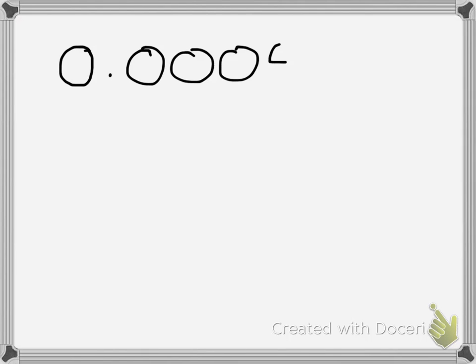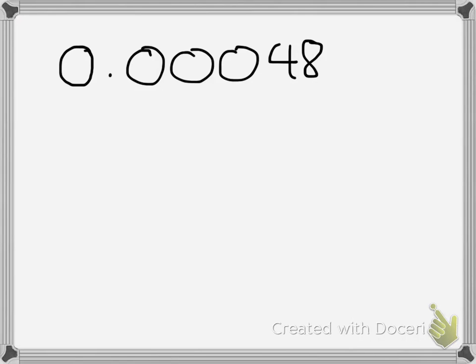Let's also try one that's the other way. Let's say I have 0.00048. Again, I want to think of myself as moving the decimal point over until I have something that's between 1 and 10.